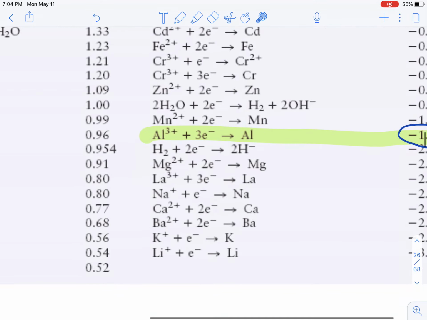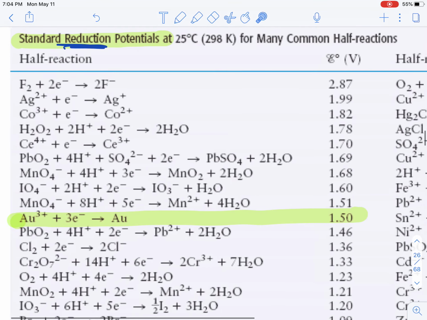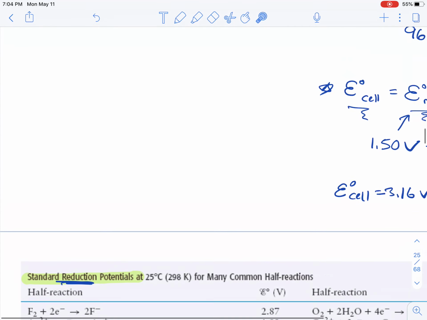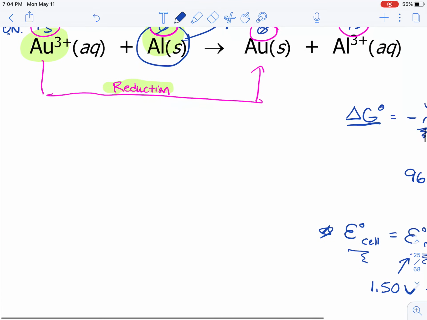And here in this case, if we're looking at the reduction of aluminum 3 plus, that aluminum is also going to have to gain 3 electrons. And so it looks like 3 electrons is the common denominator. But just to show my work, I'm going to quickly write this out.